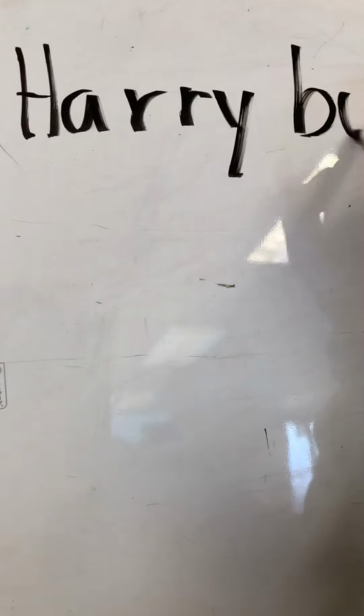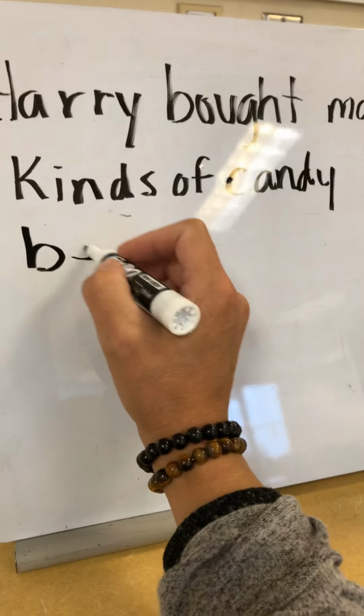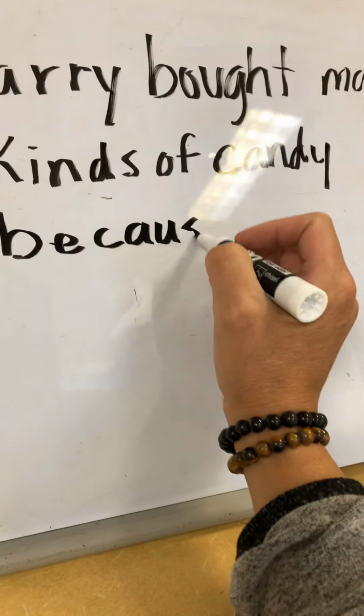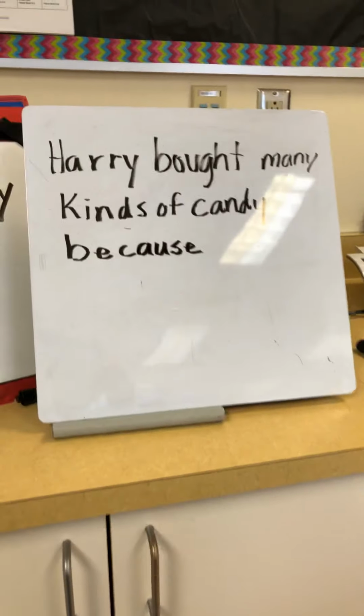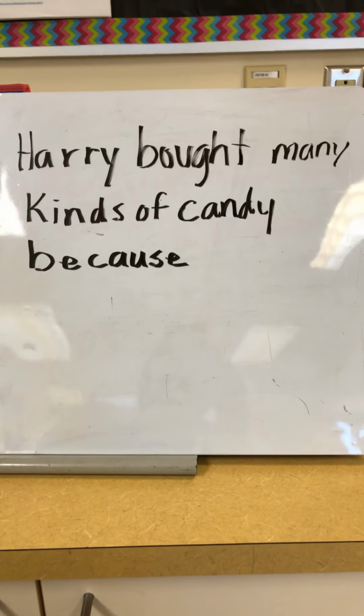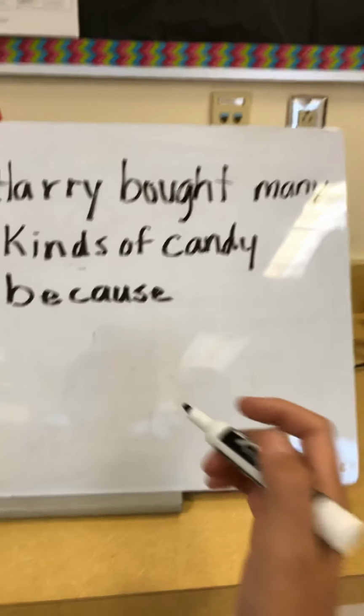Harry bought many kinds of candy because, that's our linking word, right? Because, well, why do you think? When he lived with the Dursleys, he didn't get an opportunity like this one, and he had money in his pocket. So I think he did it because he could.